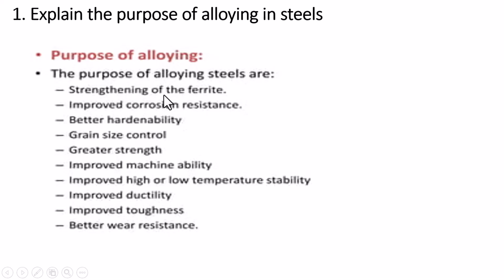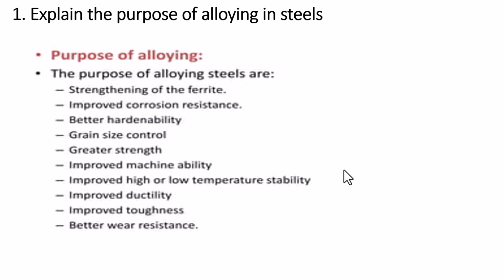That is strengthening of ferrite. Ferrite simply indicates steel. Second, improve corrosion resistance. We have different applications, so we have to improve the corrosion resistance. Better hardenability, grain size control, greater strength, improved machinability, improved high or low temperature stability.